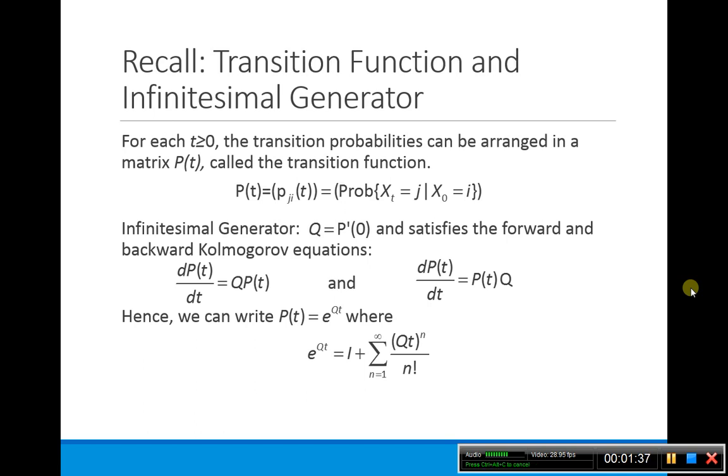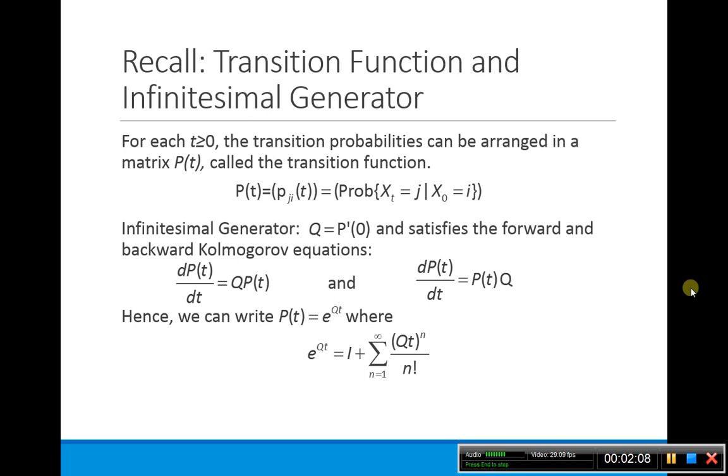The other thing that we've talked about already is the transition function. The transition function is given by P of t, which is the probability of going from state I to state J in time t. In addition to our embedded chain T and our transition function, we also have this infinitesimal generator. Remember, the infinitesimal generator is this matrix in which the off diagonals are our rates going from one state to another.